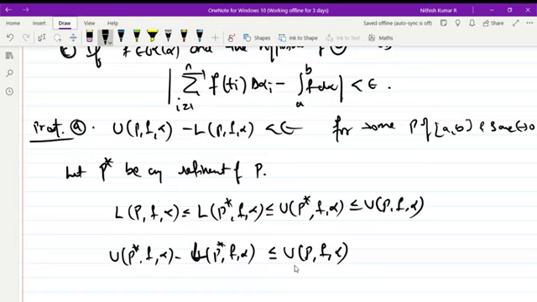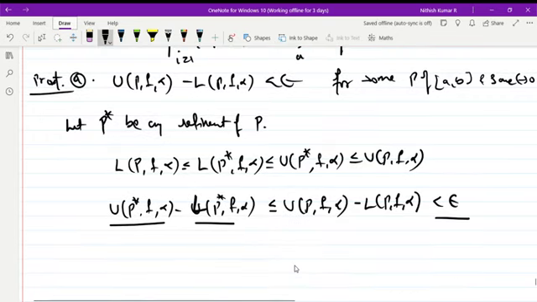But given that this is less than epsilon, with respect to the same epsilon we got for the partition P star, which is a refinement of P, U(P star, f, alpha) minus L(P star, f, alpha) is less than epsilon. Okay, so let's see question 2 now.